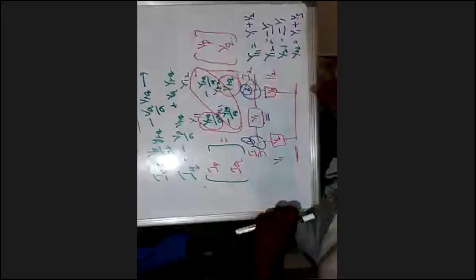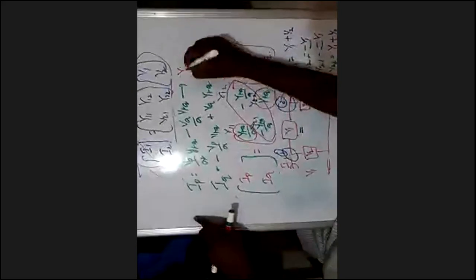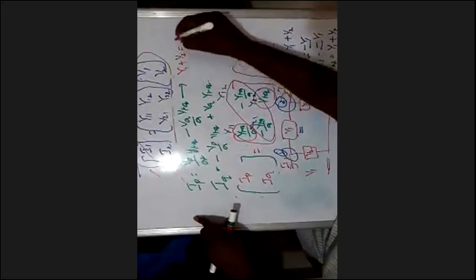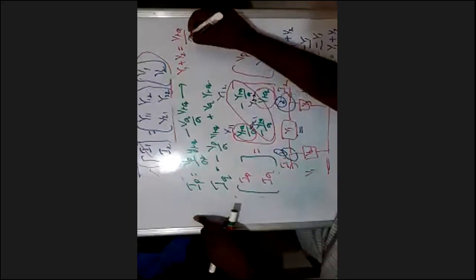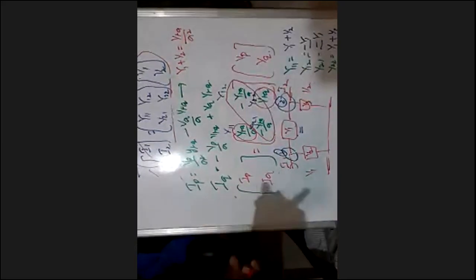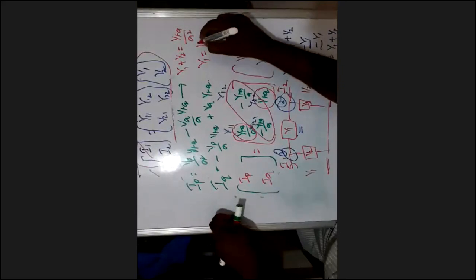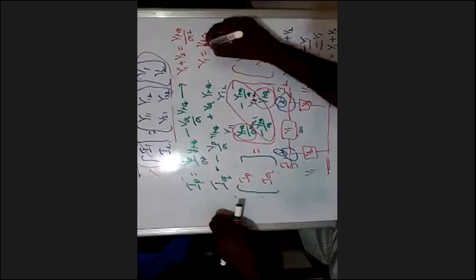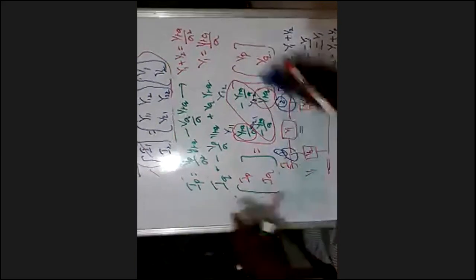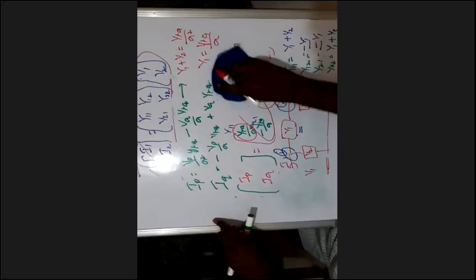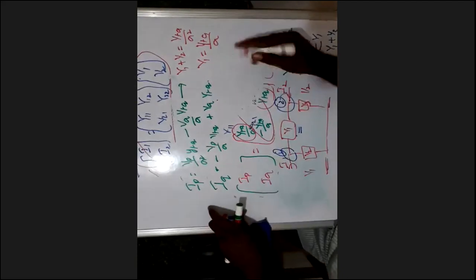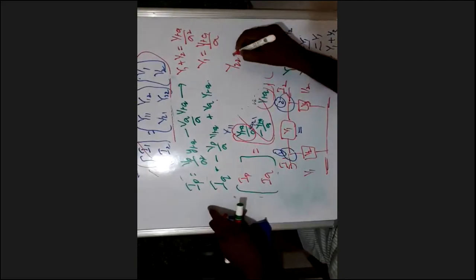So from this, Y1 plus Y2 is equal to YTQ by A square. Y1 is equal to YTQ by A. Again I am rubbing here.